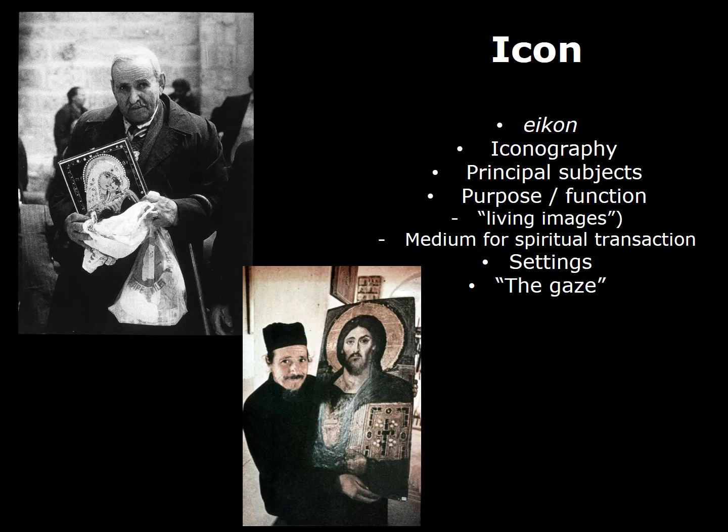Oftentimes, we're told people would have what we call an icon corner, and the visitors, when they entered the house of the host, they'd greet the icons as well. Okay, almost giving them a person, right? I mean, that the person was actually residing in that image.